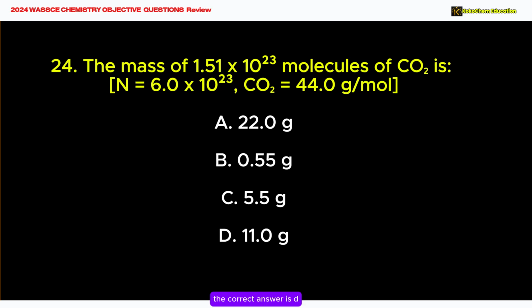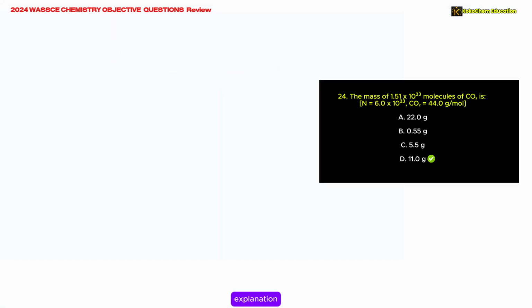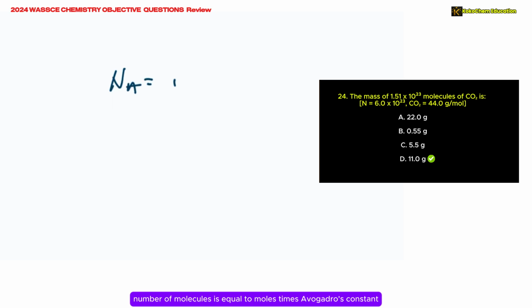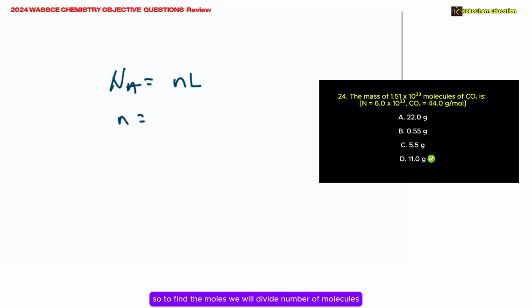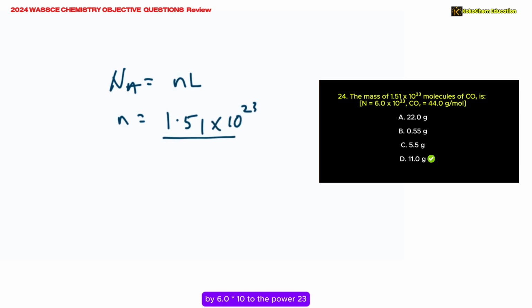The correct answer is D. 11.0 grams. Explanation. Number of molecules is equal to moles times Avogadro's constant. So to find the moles, we will divide number of molecules, which is 1.51 times 10 to the power 23 by 6.0 times 10 to the power 23.